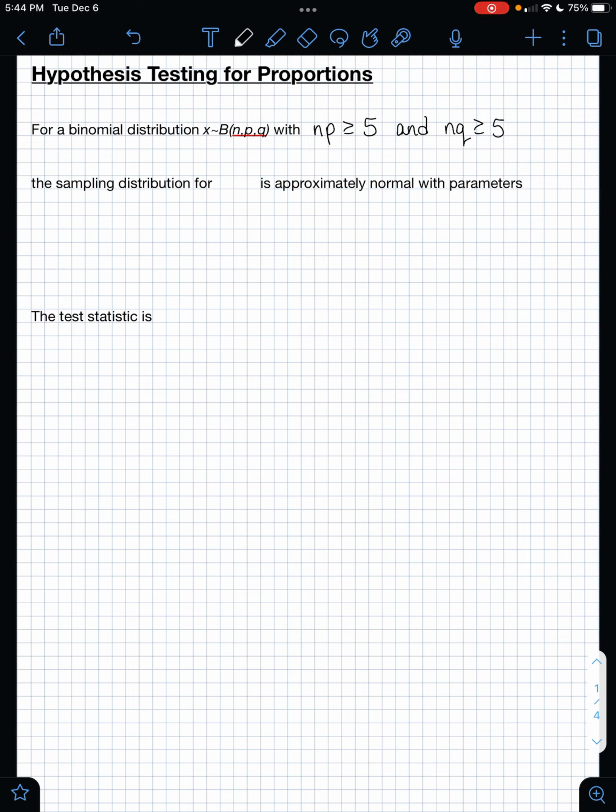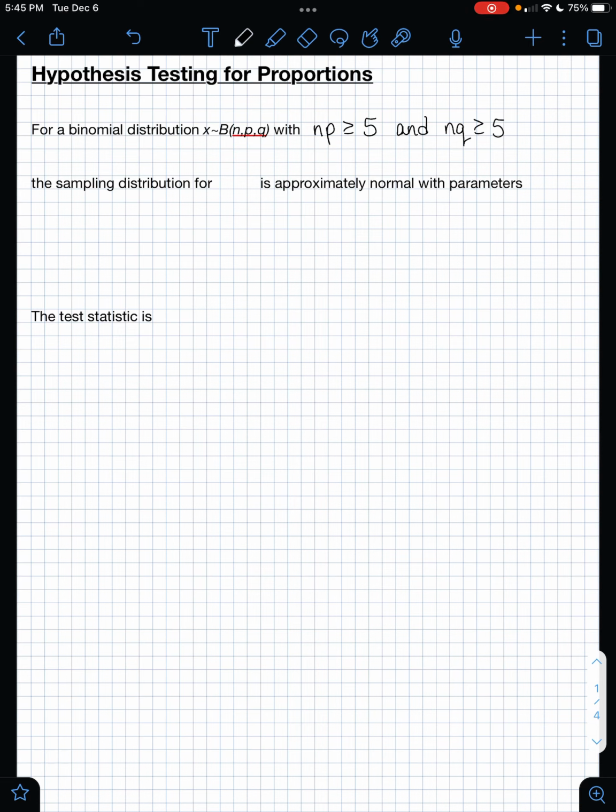If p and q are both relatively close to 50%, to 0.5, then it's very easy for the products n times p and n times q to both be bigger than 5, even with a very small sample size. When p and q are both close to 0.5, we're looking at a distribution that is not skewed too much one way or the other.